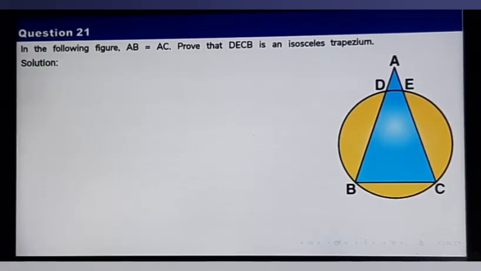Now let us begin. In the figure, in triangle ABC, AB and AC are given to be equal, which means the triangle is isosceles.